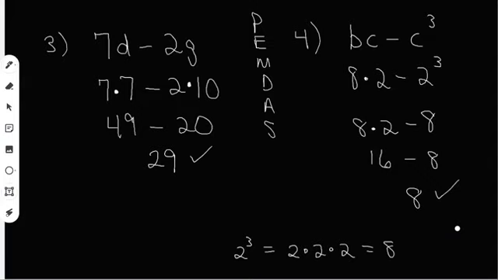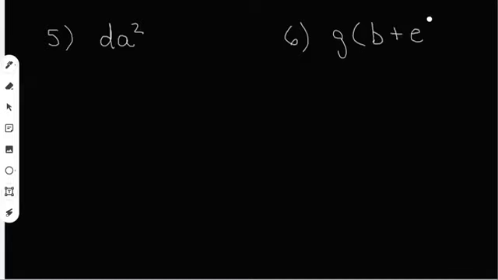Okay. Let's try 5 and 6 on the next slide. 5 and 6. 5 is going to be dA squared. 6 is going to be G times B plus E. Okay, so we know that D is equal to 7.